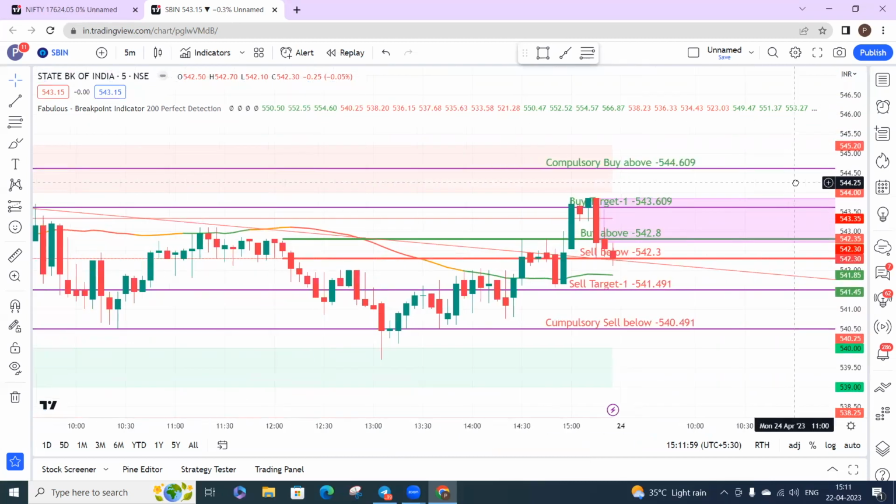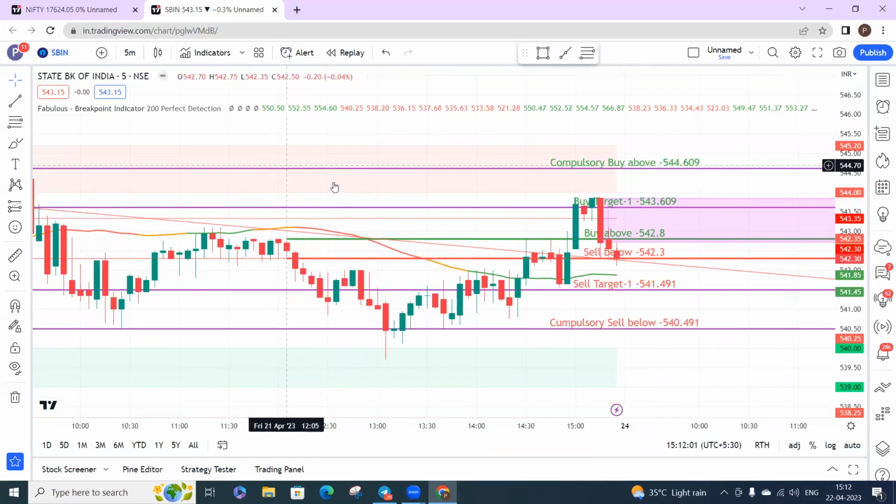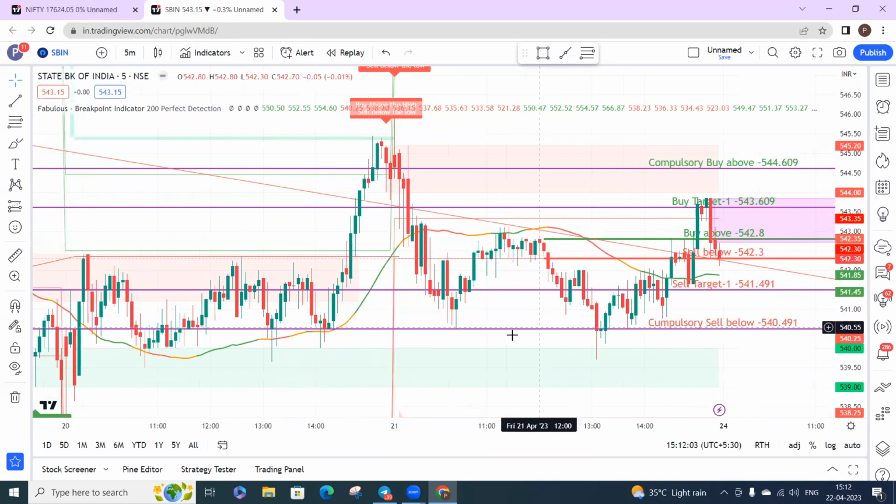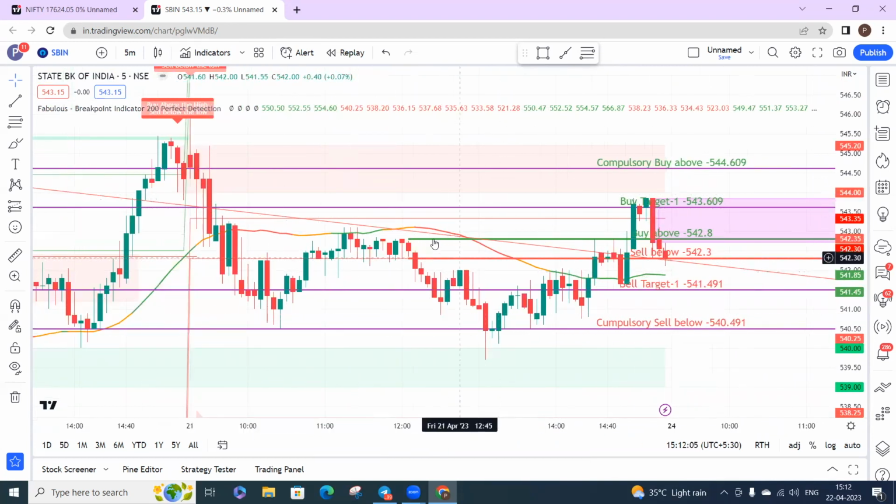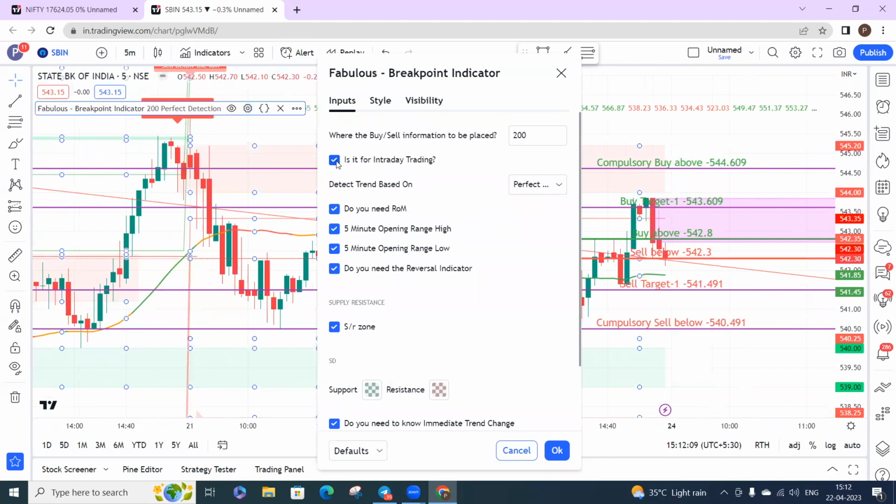So you don't need a range of the market indicator, because all the range of the market indicators will be available in the fabulous indicator. So one indicator will have two when you enable this as intraday trading. Even if you enable intraday trading, I don't need range of the market. If you just click on this, it will remove it from your system.